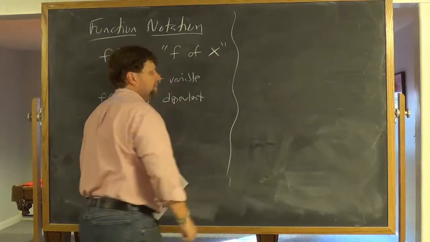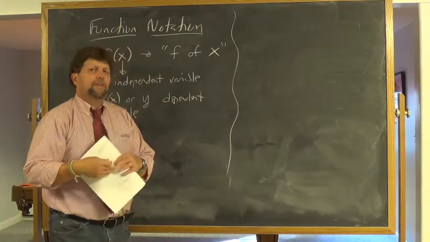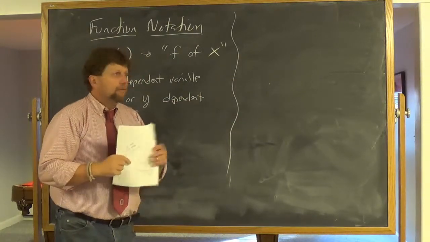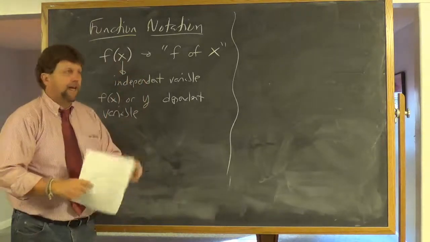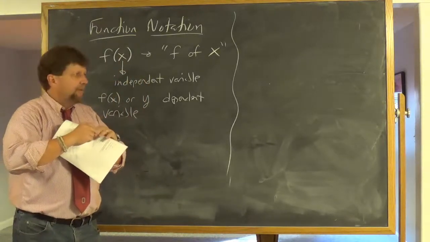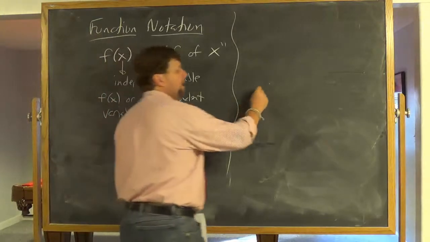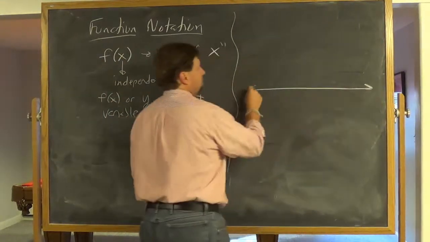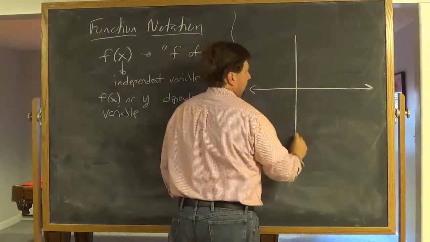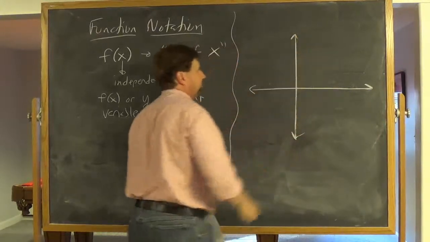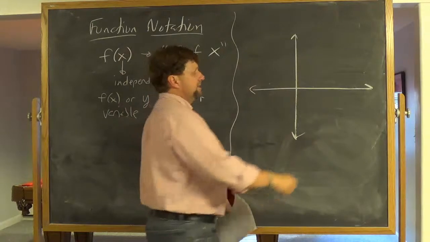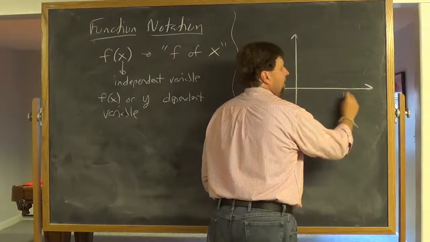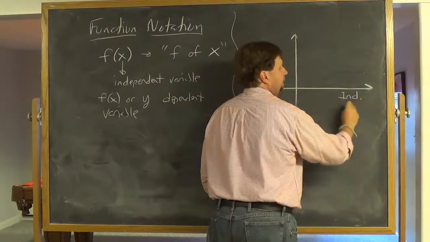Graphically, what's important about all of this is I don't care what the independent variable is. Here I'm saying it is x. But whenever you make a coordinate system, whenever you make a horizontal axis and a vertical axis, you will always label the horizontal axis with the independent variable.